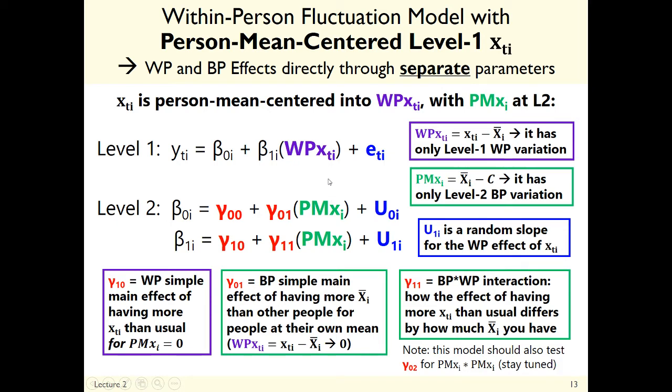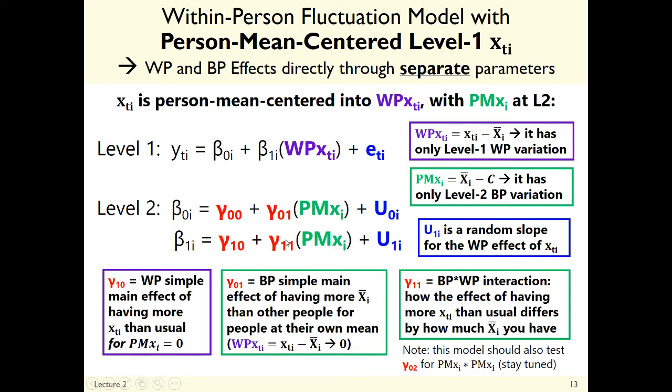To make it even more fun, we could have interactions among the two parts of the same variable. So here what I've added is person mean x as a predictor of the within-person effect.